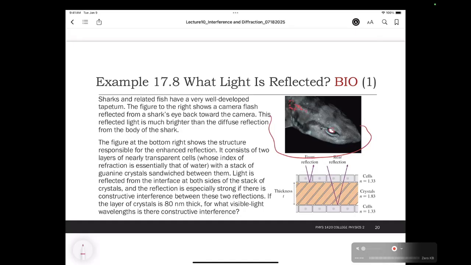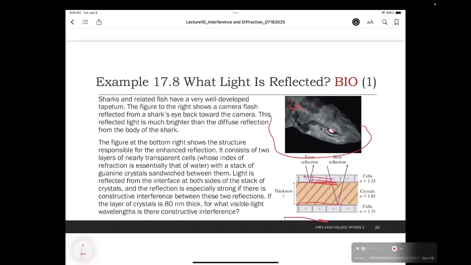The figure at the bottom right shows the structure responsible for the enhanced reflection. It consists of two layers. This is the first one, this is the second one.